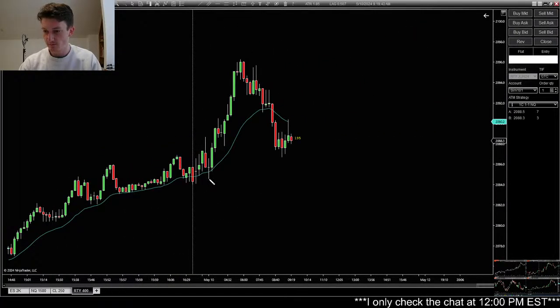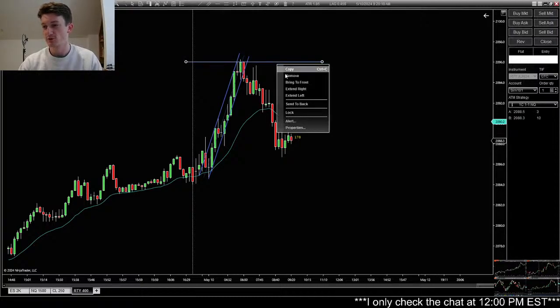RTY. Uptrend doesn't play out before prices sell off pretty strongly there.